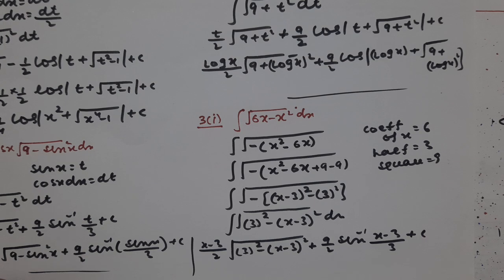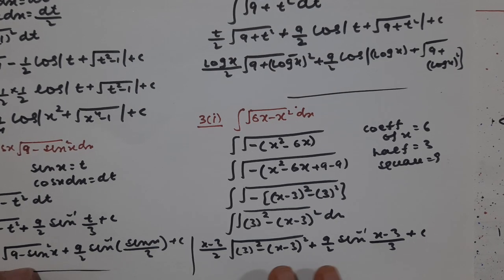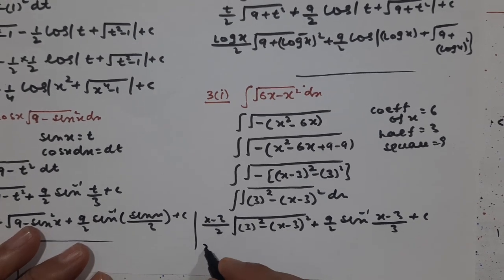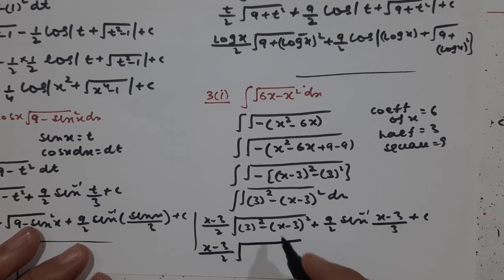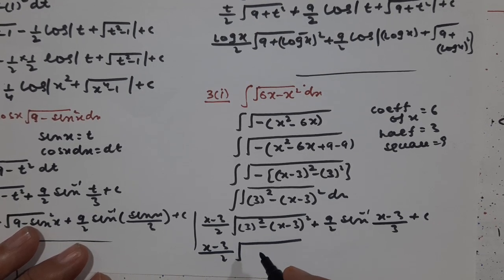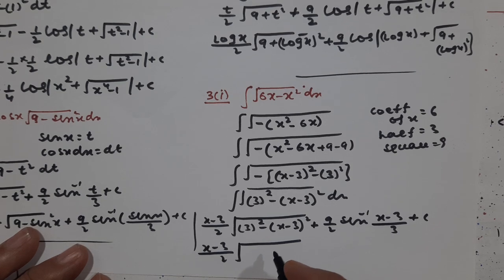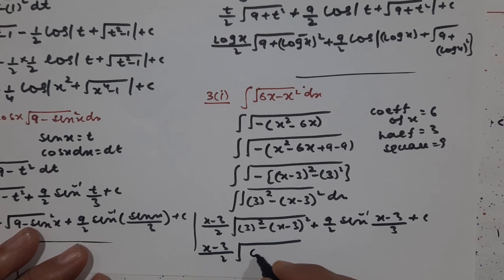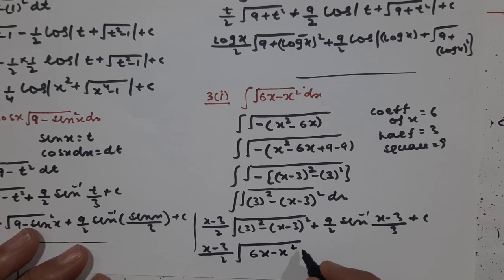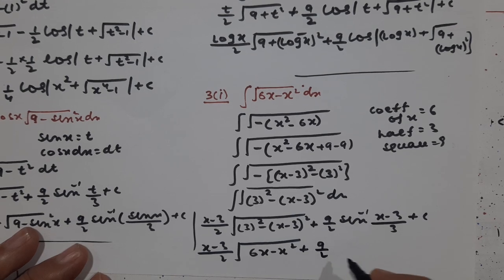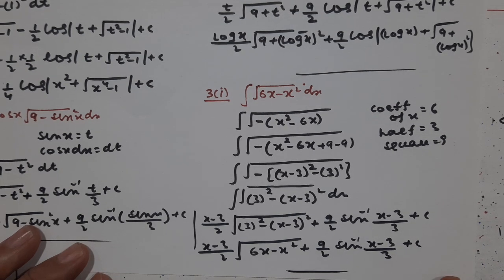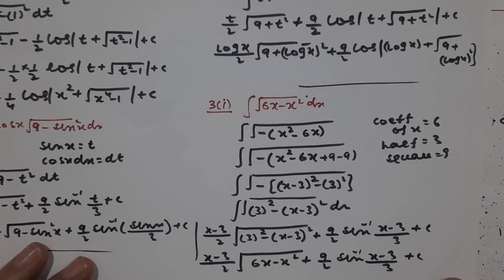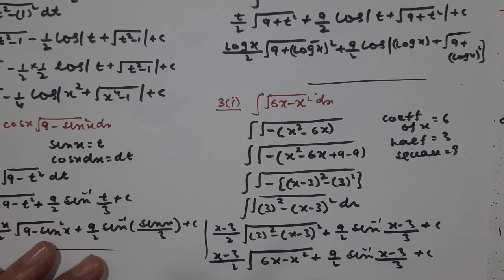Or we can write, making it a little simple, x minus 3 upon 2 under root, on solving this factor, 6x minus x square plus 9 upon 2 sine inverse x upon a plus c. So students, this is the solution of this question. So very simple question, students.